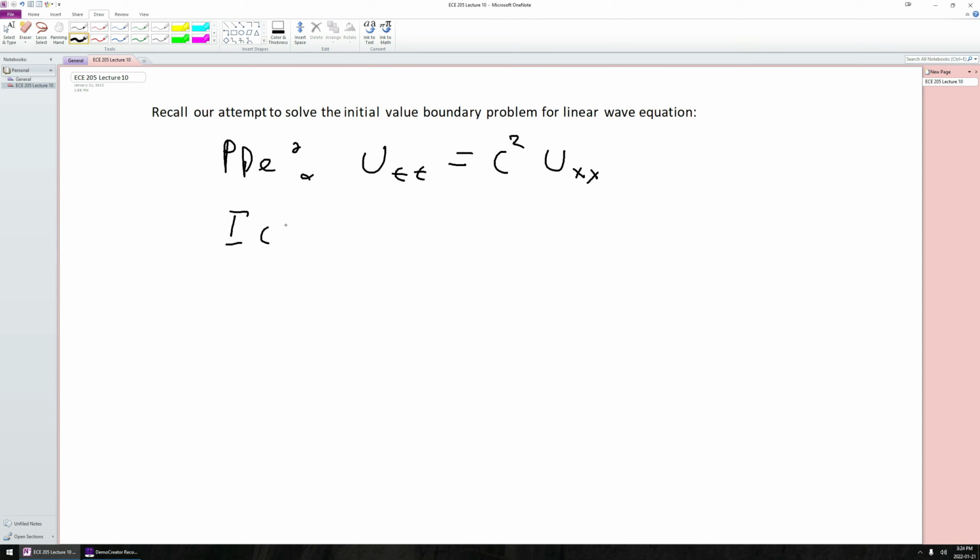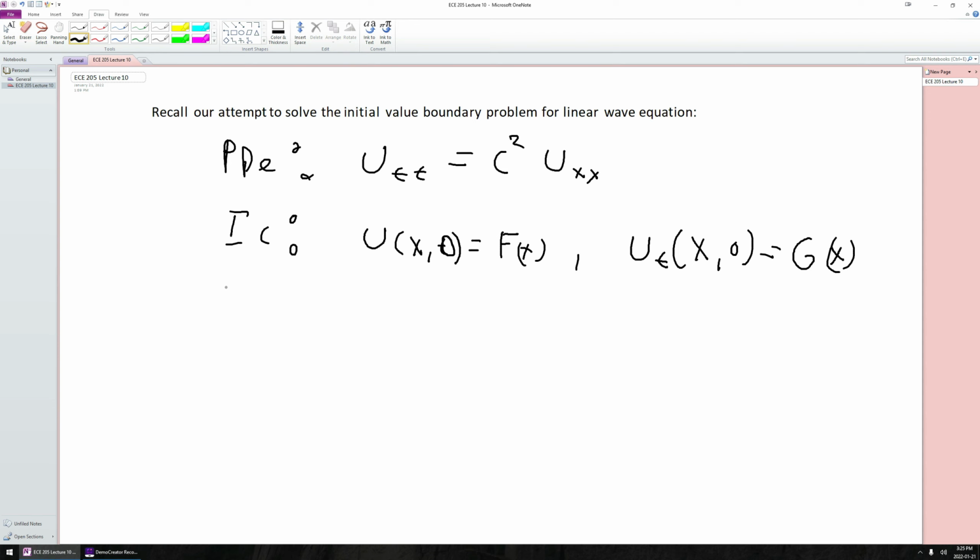For our initial conditions, we had two things. One, u evaluated at x comma 0 was given by some function that we called f of x. And finally, the second initial condition was that the time derivative of u evaluated at x comma 0 is just some other function g of x.